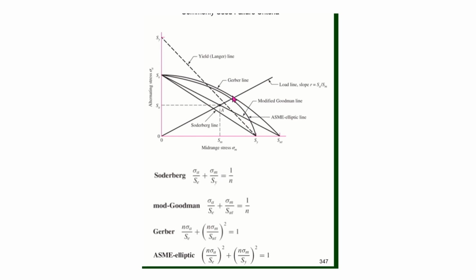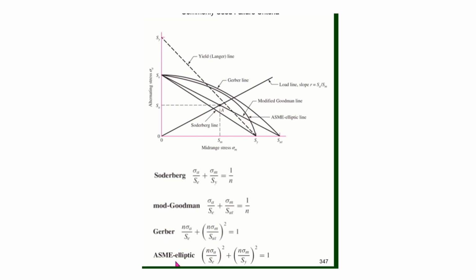Then to get the Gerber line, all we do is we square the mean component term. And it's important to note here also that the safety factor is now distributed through the mean and the alternating stress components. So we take this little n and multiply it over here on this side of the expression, and then we square the mid-range or the mean stress component to get the Gerber line.